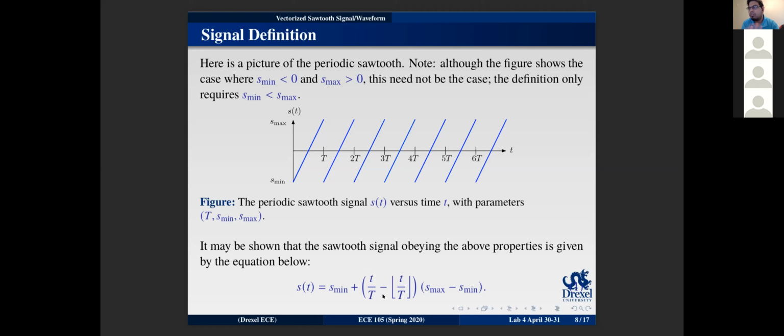Does this equation look familiar to any known equation or mathematical form that you are aware of?